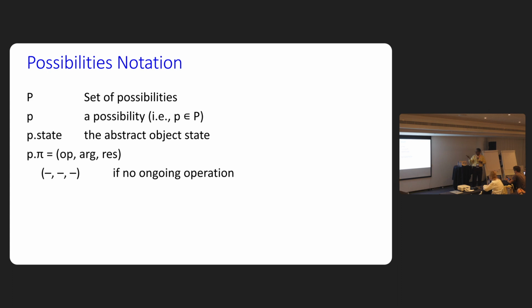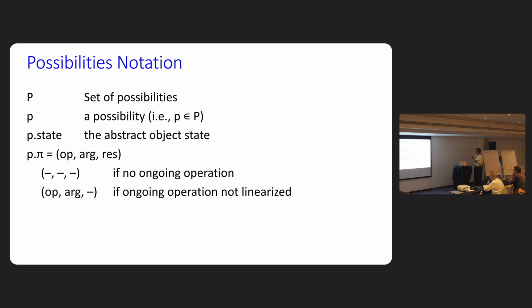If there is no ongoing operation from the process pi, then the triple is going to be blank, blank, blank. But if there is an ongoing operation op from that process, and op's argument is arg, but this ongoing operation has not linearized yet, then the third component is going to be blank, as you know from those illustrations.